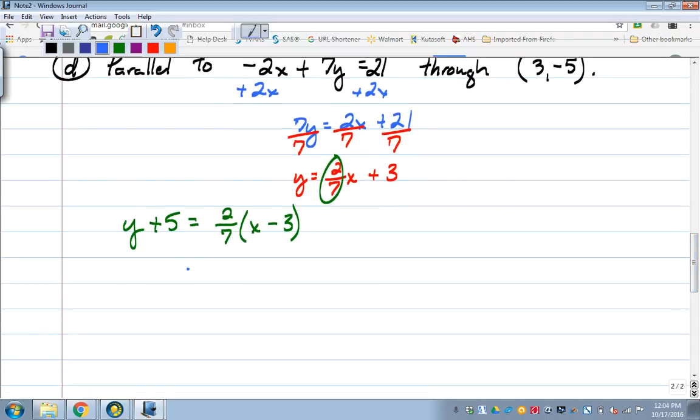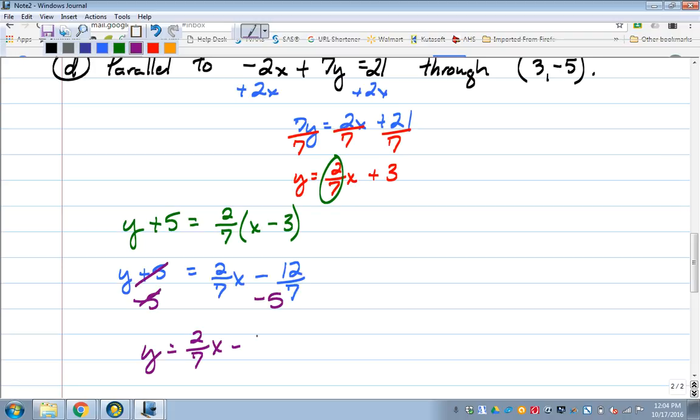Distribute. 2/7 x minus 6/7, or excuse me, minus 12 over 7. And y plus 5. Now what? Subtract 5. 2/7 x, and that'd be 35 over 7 minus 12 would be 47 over 7.